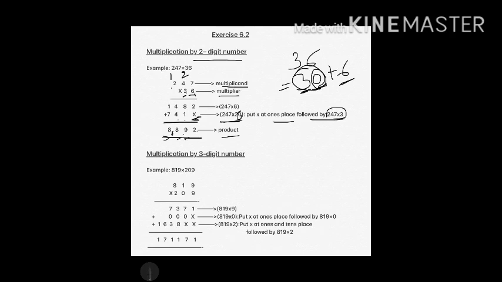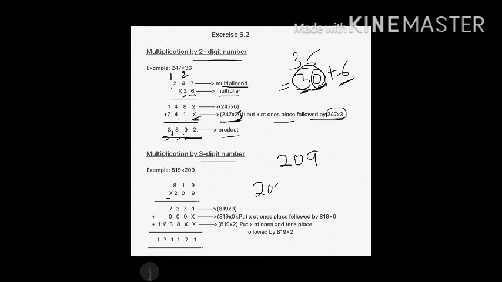Then we will begin multiplication by a 3-digit number. All right, students. So here again, just learn the method of how to do it. First you have to place the digits in columns like this. Nicely space the numbers and place them like this, and put a cross sign here. Now in this case, the multiplier is 209.